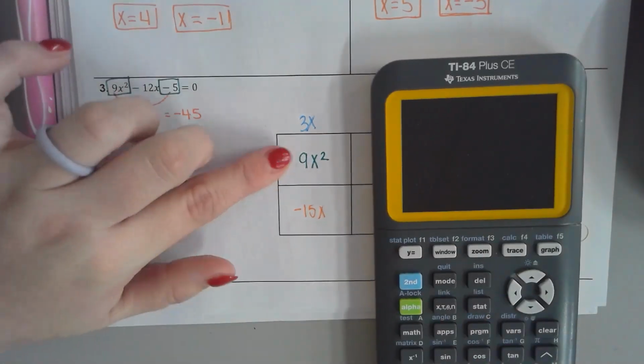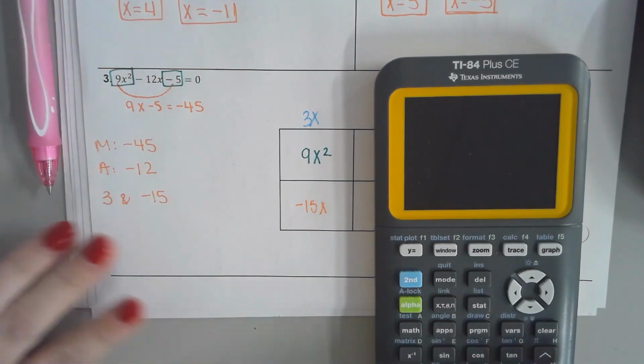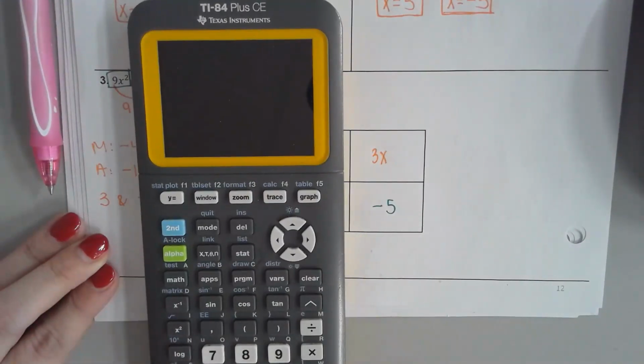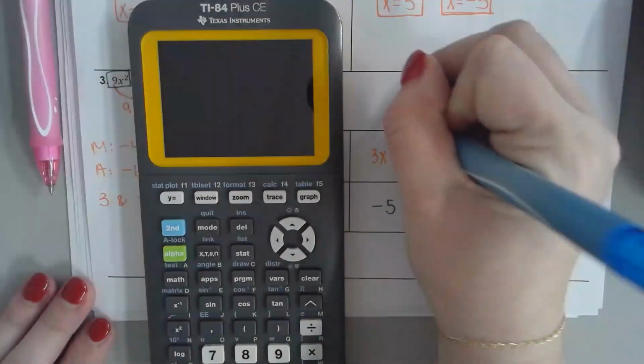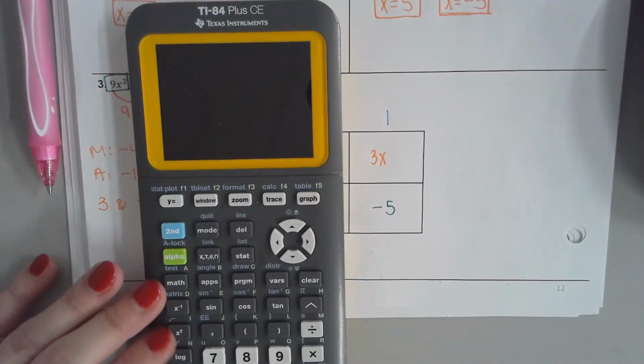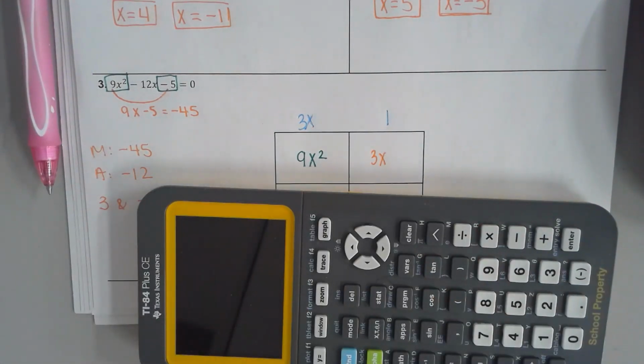So you can divide 9 and 15 by 3. What about 3x and -5? You can't divide them both by anything, so you put a 1 there. Because technically you can divide them by 1. What about 9x squared and 3x? 3, and they both have an x.